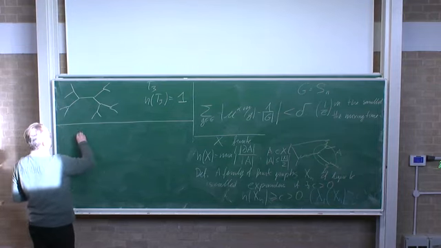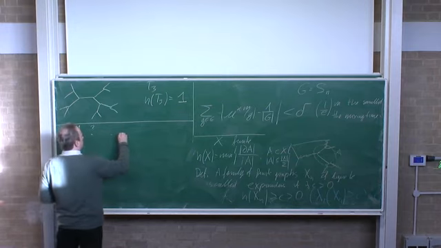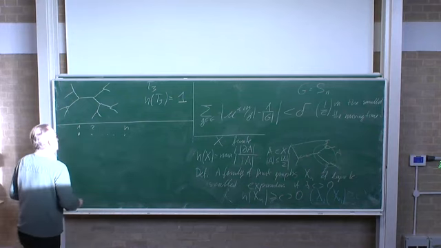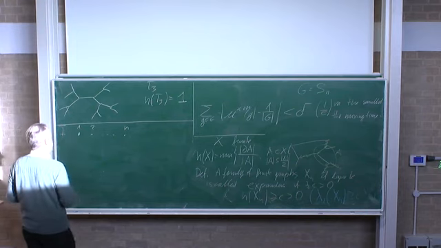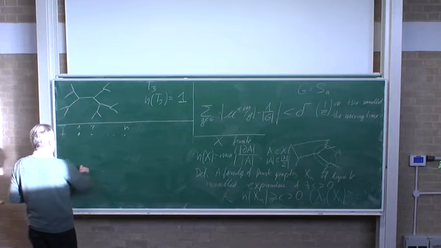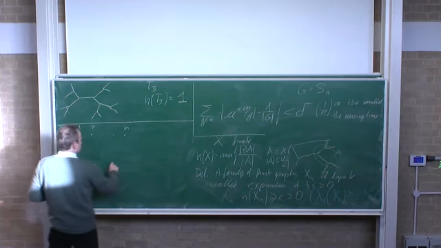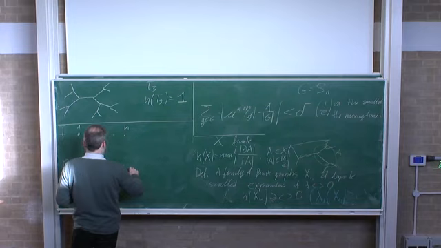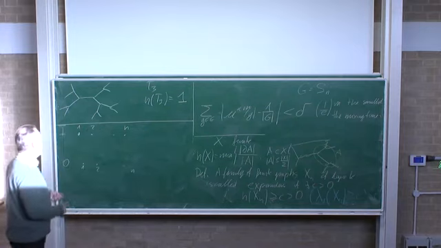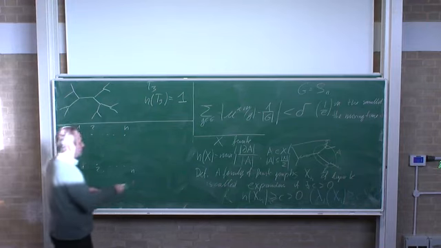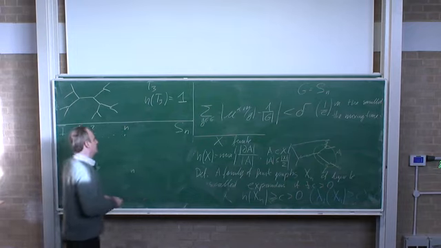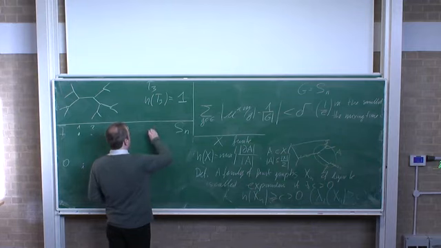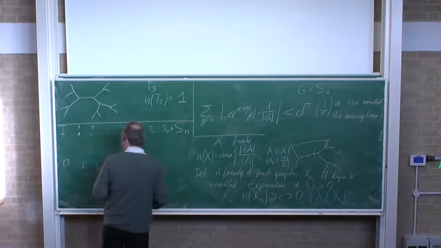We consider n vertices, 1, 2, up to n. Let us call them I, input vertices, and another copy of these vertices, also labeled 1, 2, up to n, O, outputs. We consider the symmetric group S_n, and then k elements in the symmetric group, phi 1 to phi k.